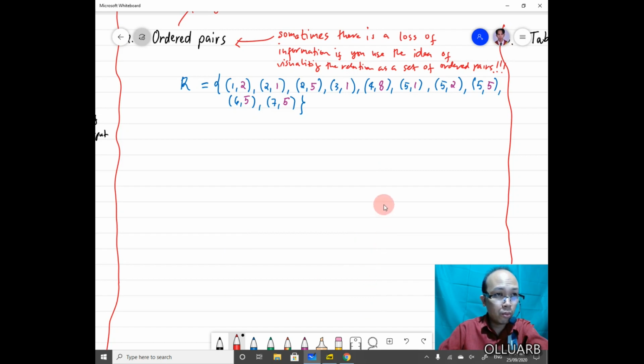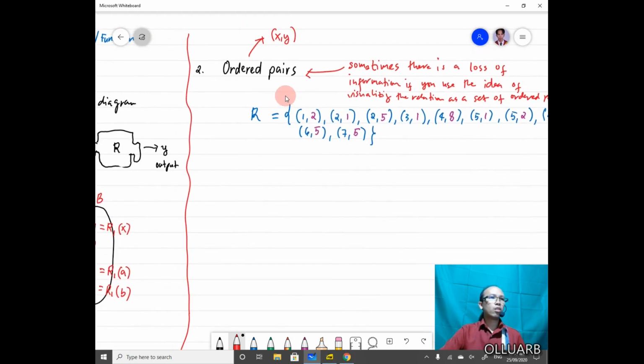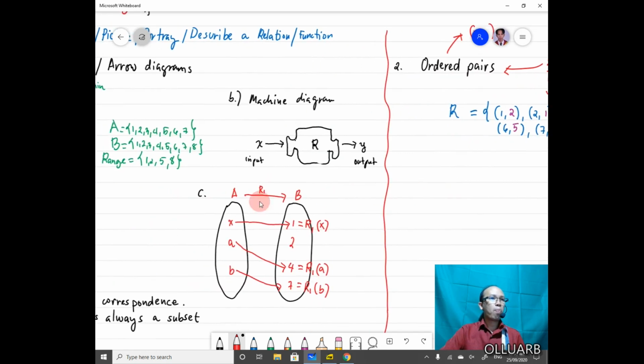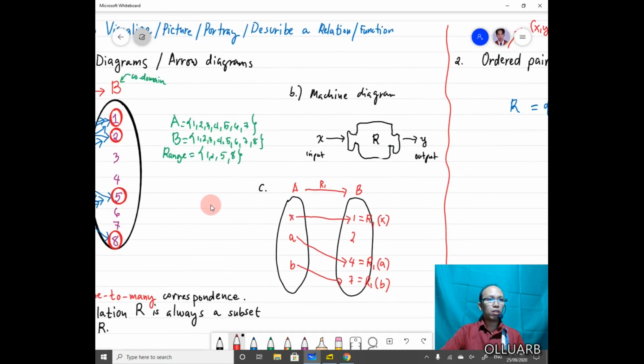But as you have noticed, you cannot get the information of the codomain of the relation or a function. Okay, so that's the problem in describing or visualizing the relation as a set of ordered pairs. So I hope you have an idea.